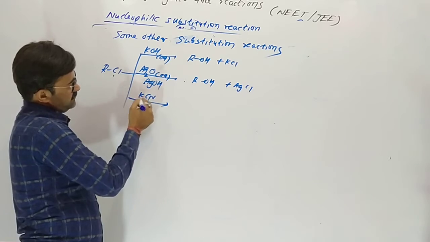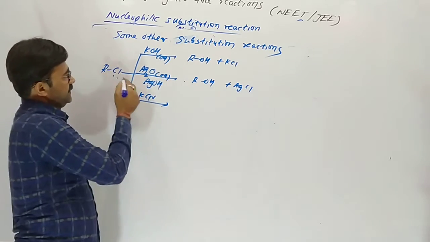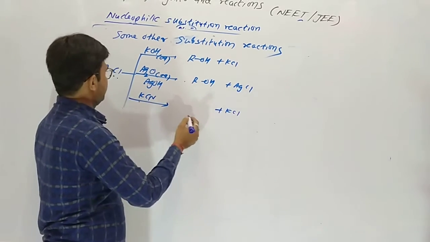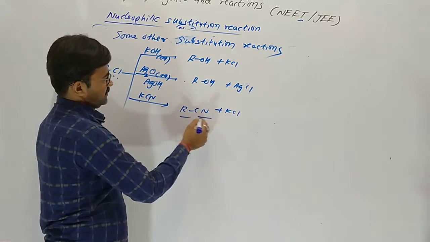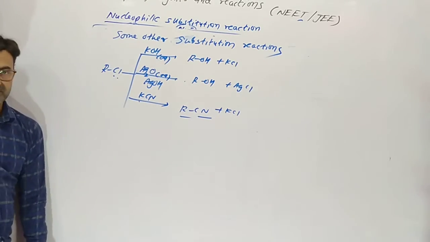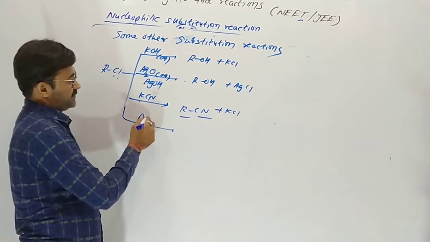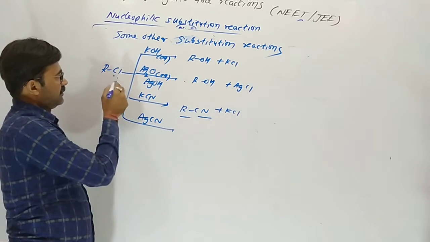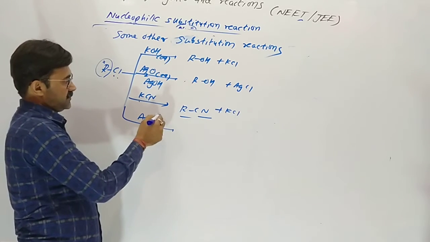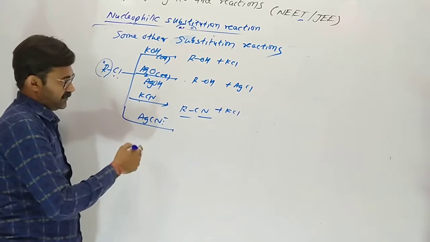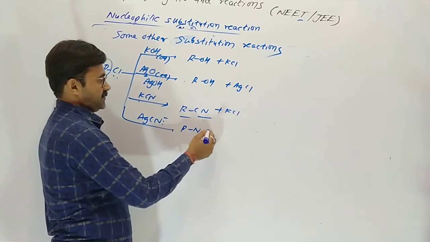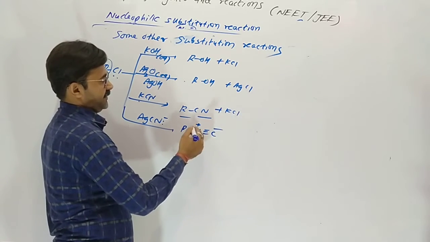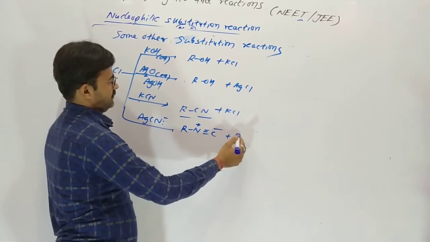Reaction with potassium cyanide: K with Cl removes KCl and gives a cyanoalkane. If AgCN is taken, remember, the alkyl group combines not with carbon but with nitrogen. So an isocyanide occurs.